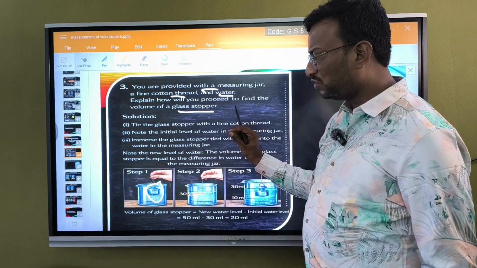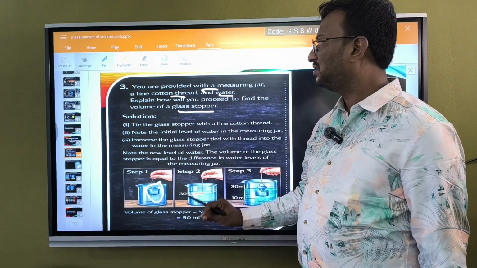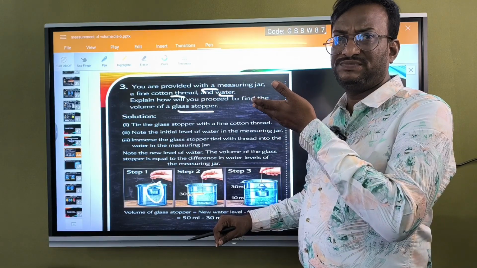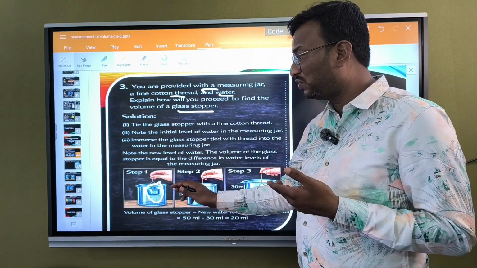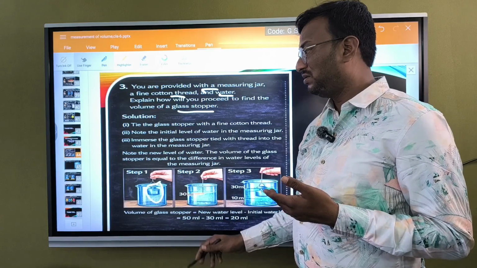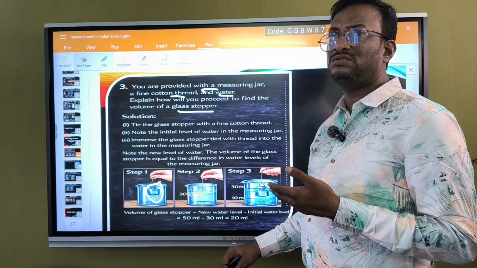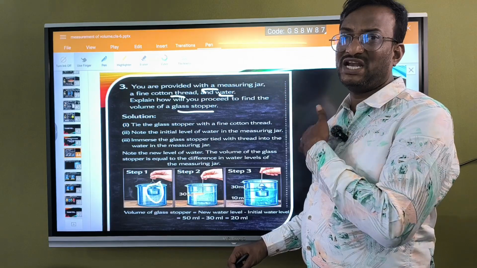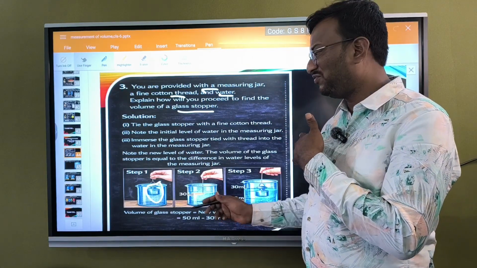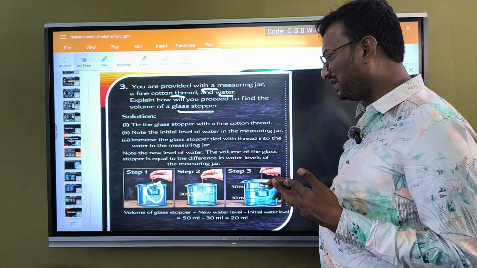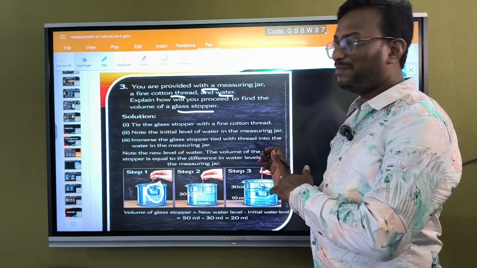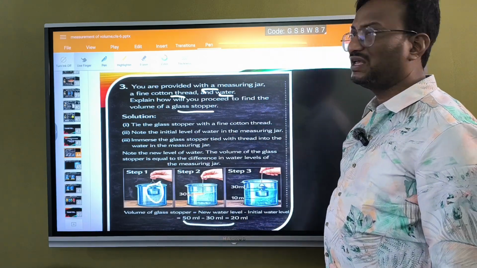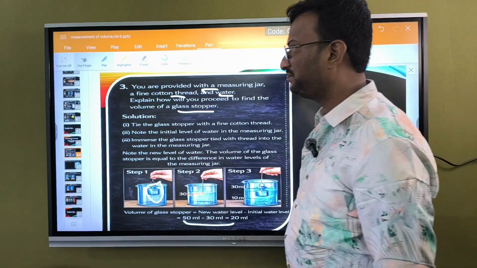After that, you slowly insert this glass stopper so that the water level increases. First note the mark, let it be x. Once the water level changes, that will be the second mark, let it be y. And y minus x will give you the answer. Likewise, you can get it. Do it.